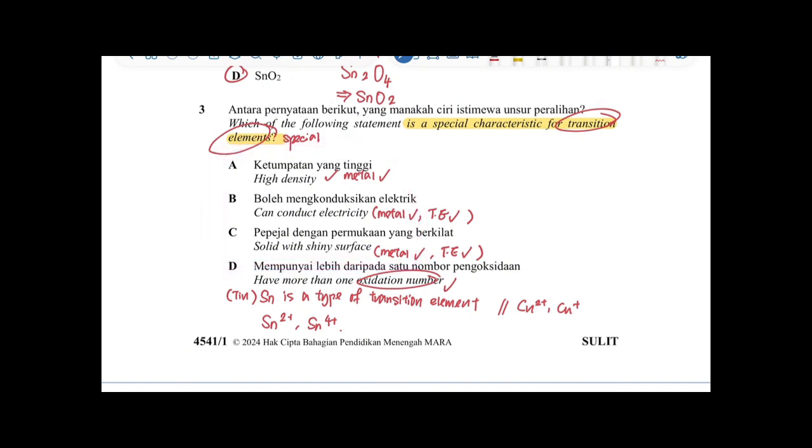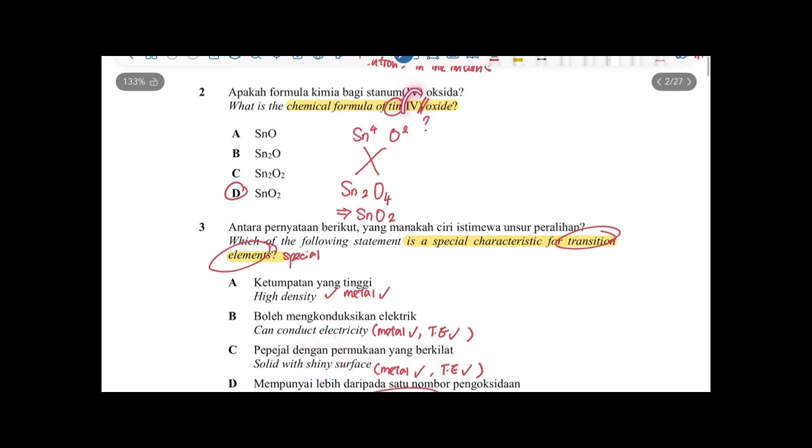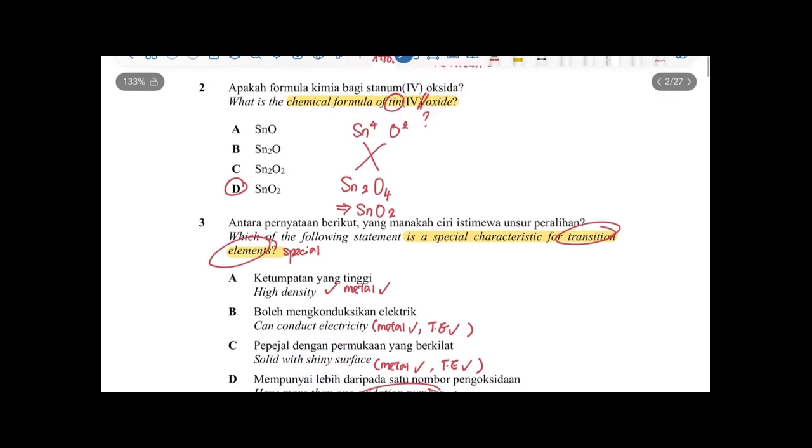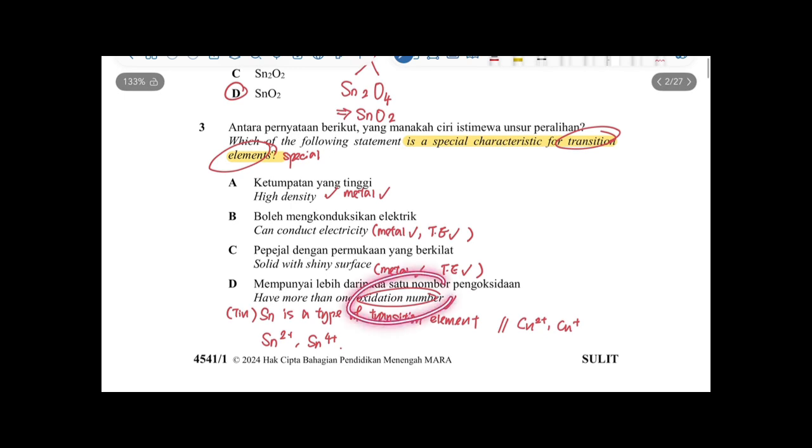Last but not least, option D shows that transition elements have more than one oxidation number. For your information, tin is a type of transition element because it can exist in tin(II) oxide or tin(IV) oxide, just like here. Usually when the naming has this kind of numbering, it is highly possible that the element is a transition metal, because only transition elements can have more than one oxidation number.